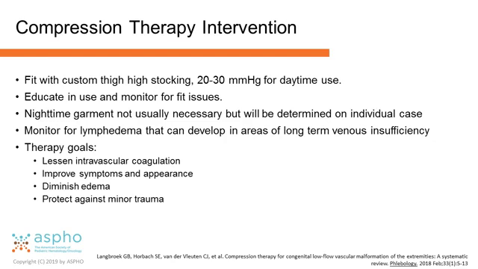We aren't usually putting nighttime garments on these patients, but sometimes in individual cases it can be useful to have something on at night too, but it won't be the same compression garment. There's other options for that, and we'll get into that more when we talk about lymphedema. We're also monitoring for lymphedema that can develop in areas of long-term venous insufficiency. And our therapy goals are to lessen the intravascular coagulation, improve symptoms and appearance, diminish edema, and protect against minor trauma.